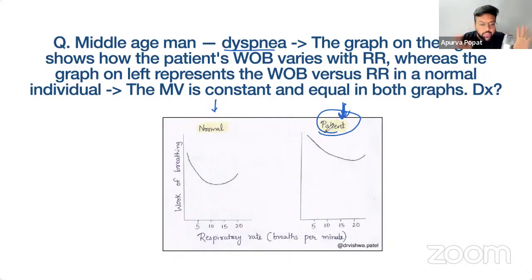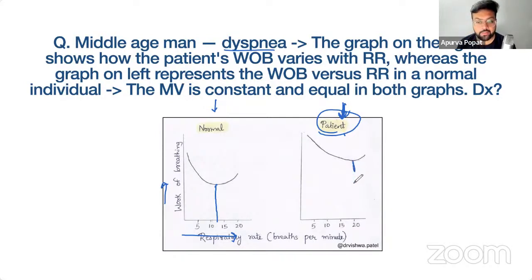Okay, first of all, tell me, if this is your respiratory rate on the x-axis, this is the work of breathing. Normally I can keep my work of breathing minimal when I breathe this many times per minute, let's say 12 times per minute. In this patient, how many times does he have to breathe per minute in order to keep his work of breathing minimal?